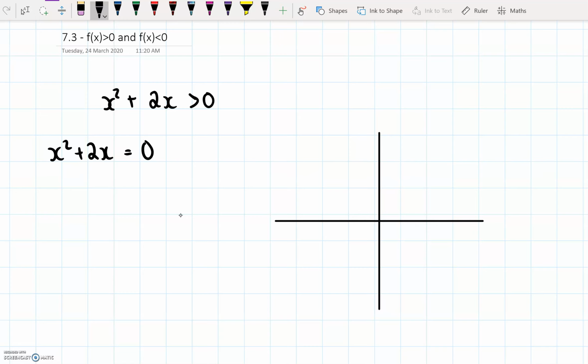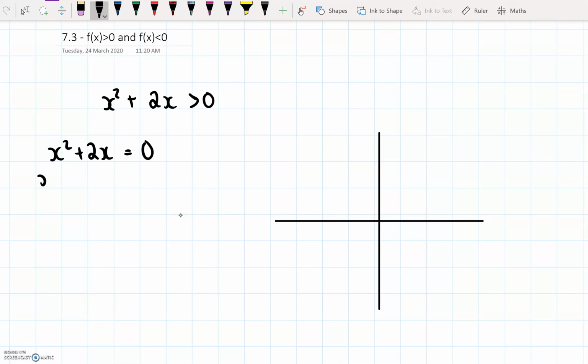And again, we change it to equals because with a quadratic equation, the inequality sign won't necessarily be the same for both directions. So first thing we need to do here is we have two terms. When there's two terms and both of them have an x in them, the easiest thing to do is to factorize.